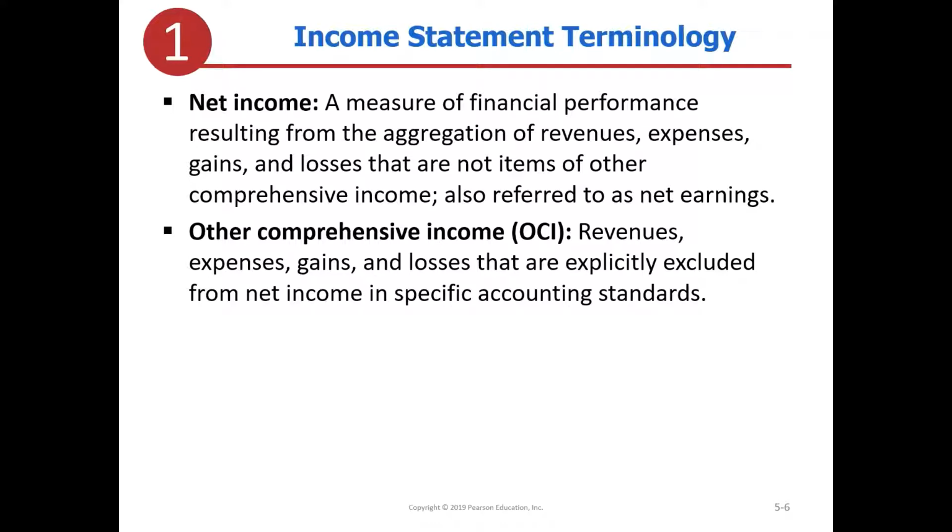Standard setters specify that other comprehensive income includes unrealized gains and losses on an available for sale investment portfolio, unrealized gains and losses on cash flow hedges, foreign currency translation adjustments, and certain pension adjustments.